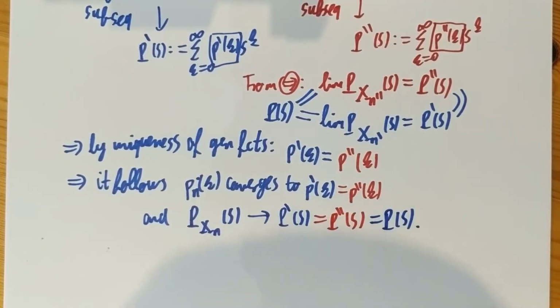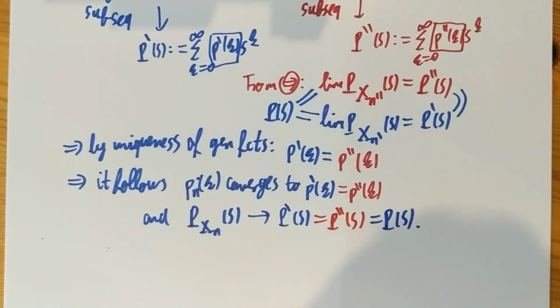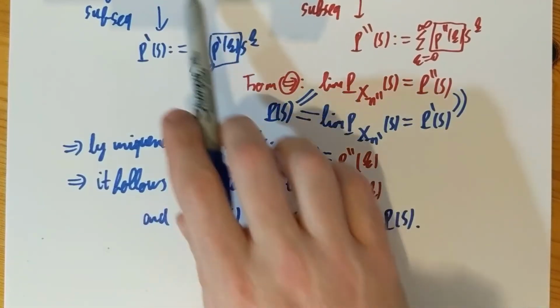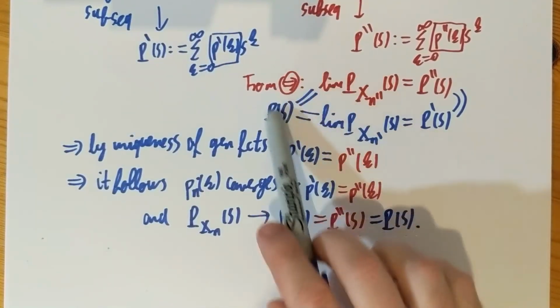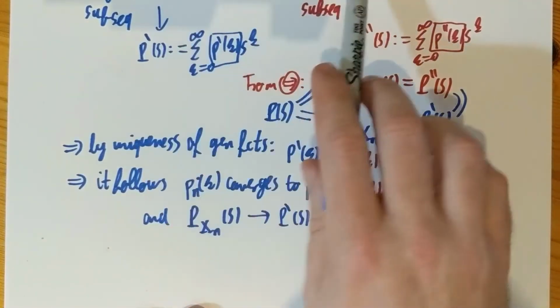So to summarize again, we proved that there is a convergent subsequence of the mass functions P n prime k that converges for every k at the same time. If there is another one, P n double prime k, that also converges somewhere, we don't know where, then because of part 1 and because the generating functions are unique and they have a definite limit by assumption, it follows that these two limits must be the same.